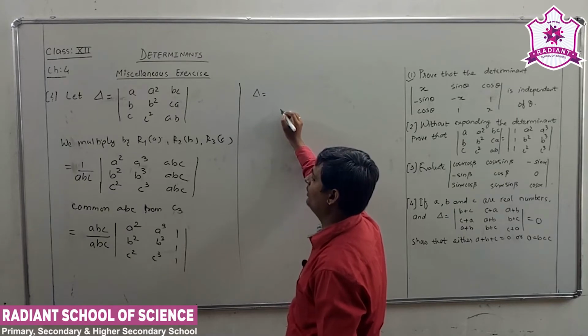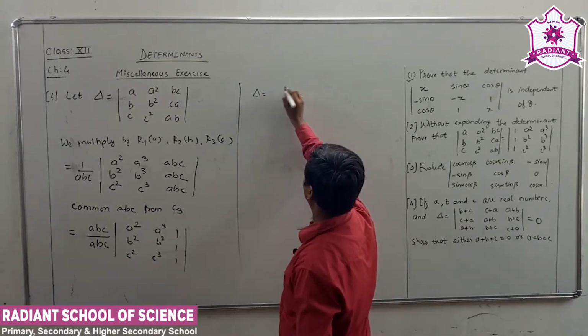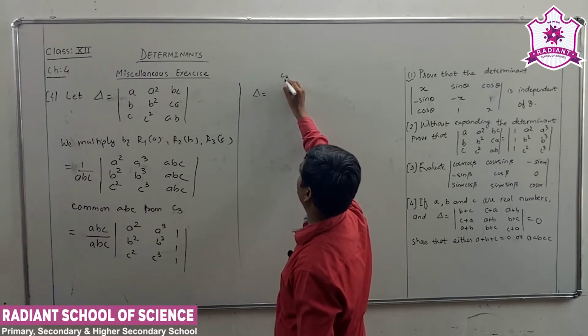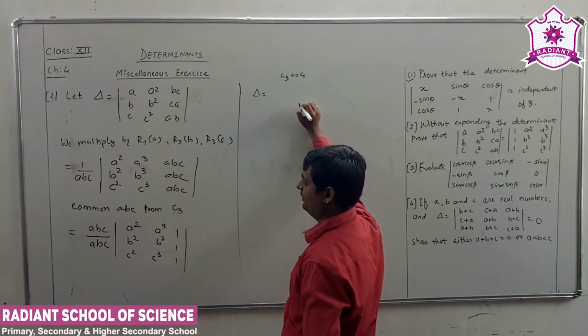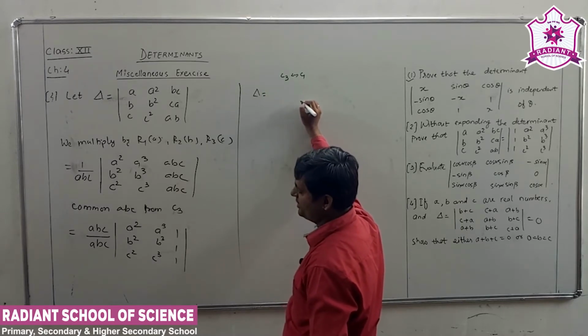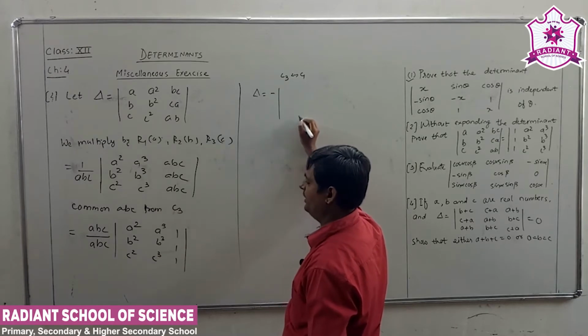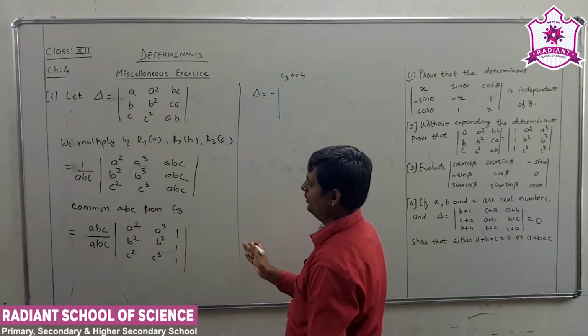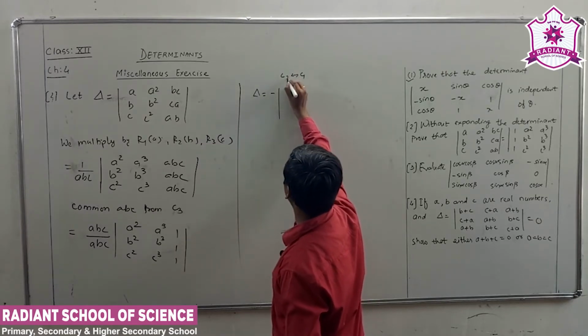So delta is equal to abc cut. You convert this. First interchange C3 and C1, so you get a negative sign. Then interchange C1 and C2.